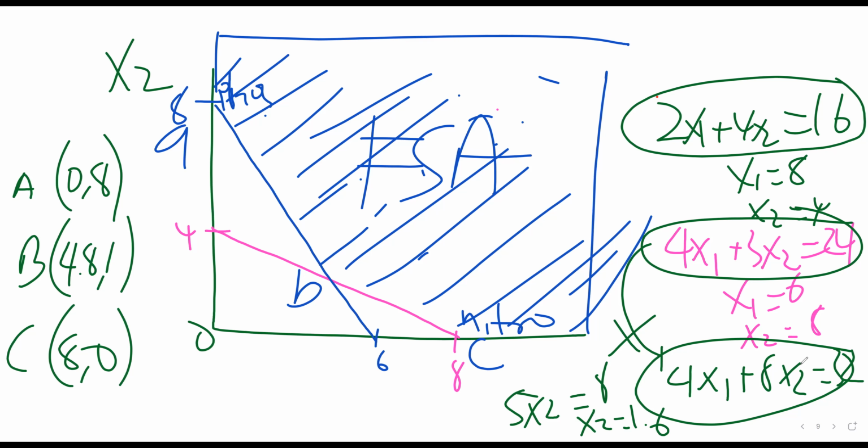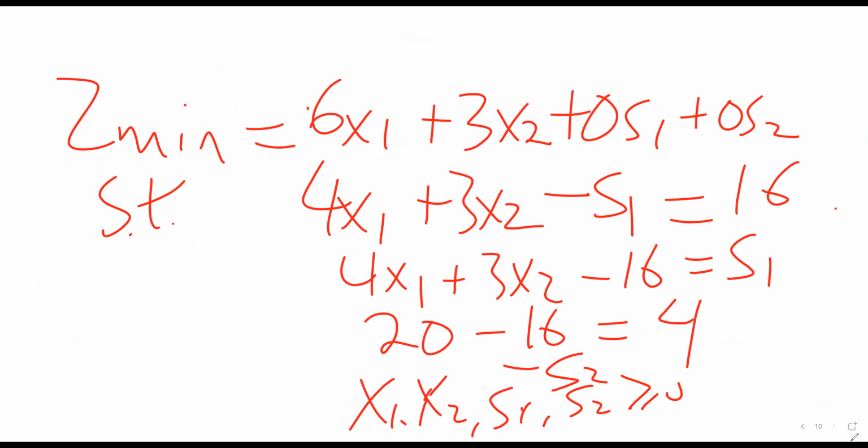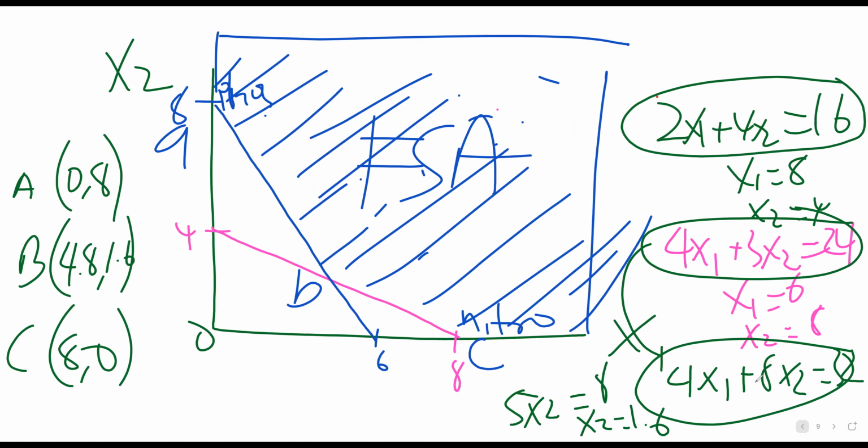4.8, 1.6, correct. So let's go to A and then drop it into the z function. Don't forget that the z function has always been 6x1 plus 3x2.